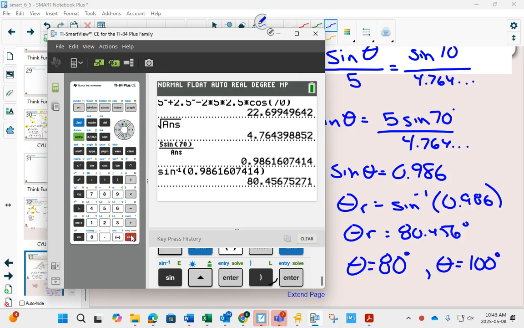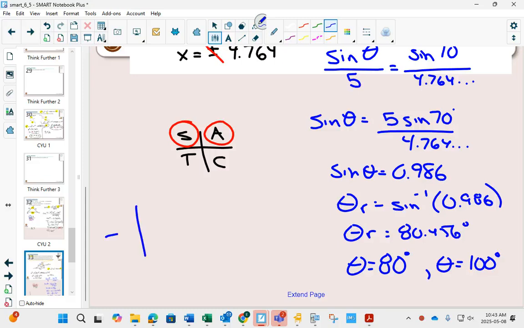100 degrees, right? Because if you think about quadrant 1 with the reference angle, and quadrant 2 with the same reference angle, this is going to be 180 minus 80, which is 100 degrees. Do they both make sense?